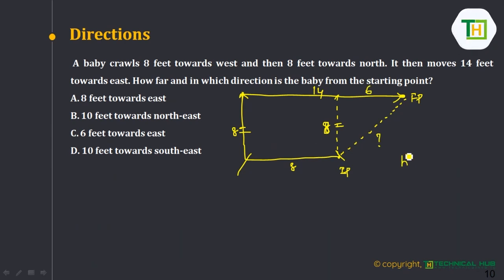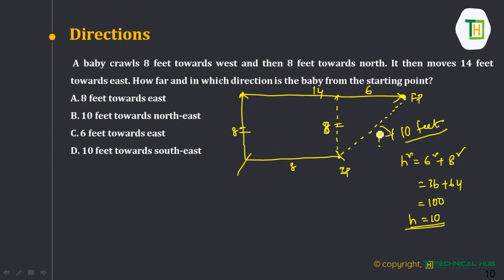Now hypotenuse square will be equal to 6 square plus 8 square, which is 36 plus 64, that is equal to 100. That means the hypotenuse value is equal to 10 feet. The distance between the starting point and the ending point of the baby is 10 feet.